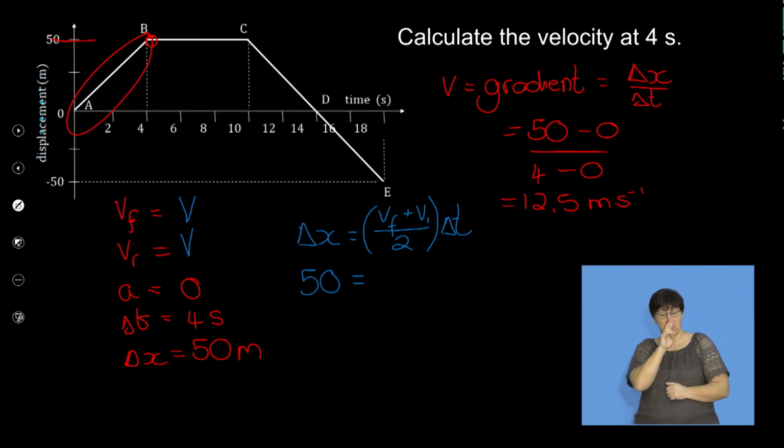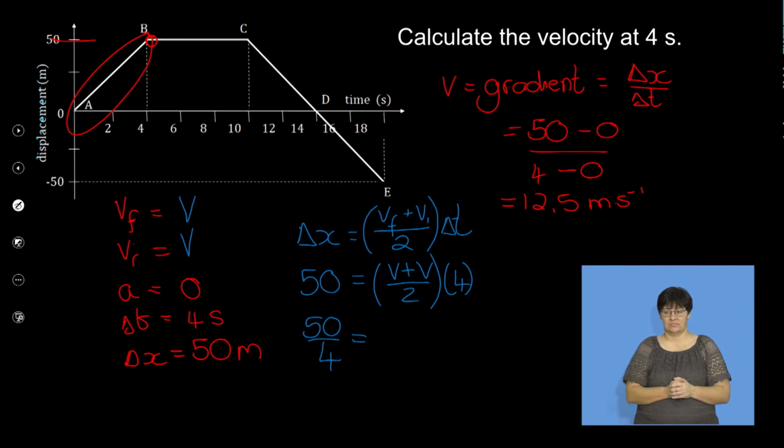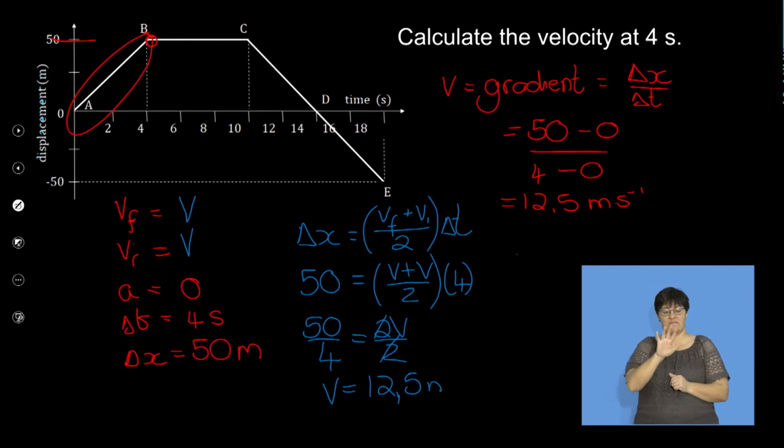I have now said that VF and VI are both V, so this is V plus V divided by 2 times 4. I'm going to divide by 4 on both sides straight away. This is going to become 2V over 2. That's nice, because the 2's cancel out. And if you look carefully, I've got 50 divided by 4, and I had 50 divided by 4, which means that velocity is 12.5 meters per second, which is exactly what I got when I used the gradient of the graph.